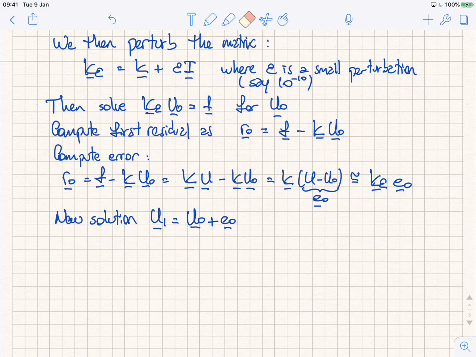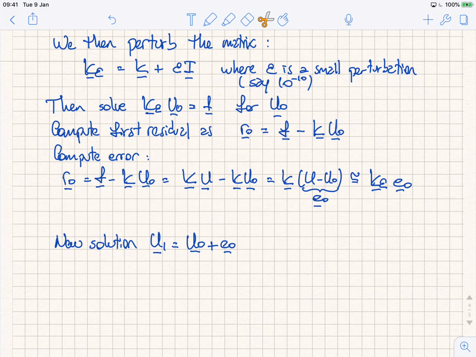But once we have that, let's basically write that explicitly. We can solve for e naught, which is the first error, which is approximately equal to k epsilon inverse R naught.